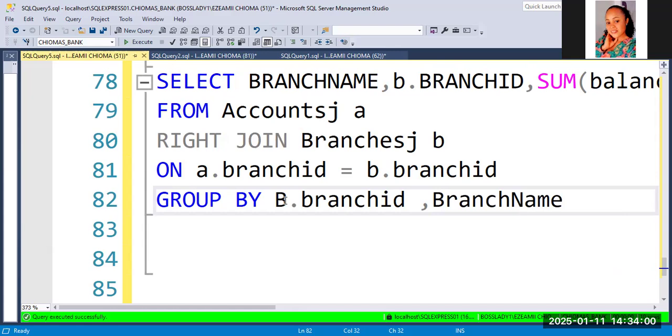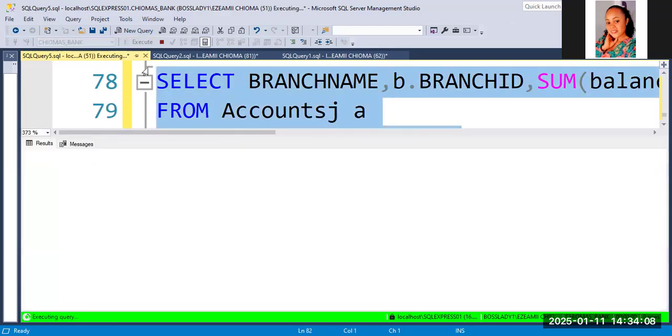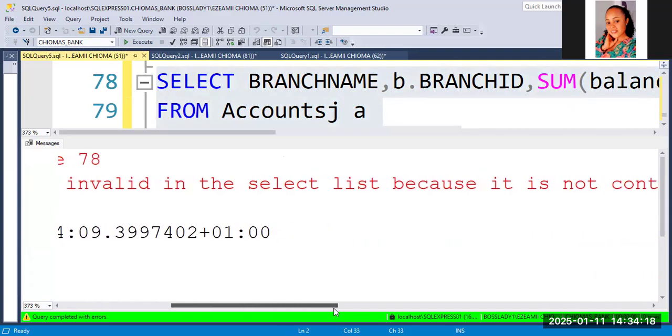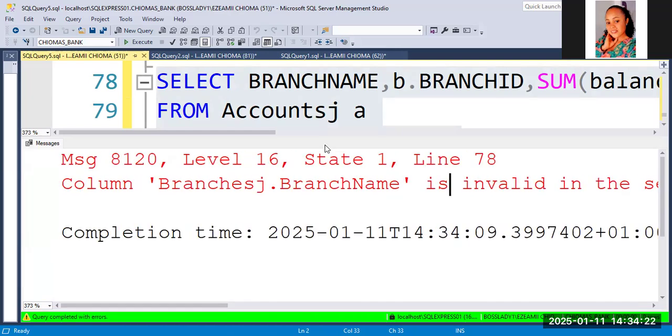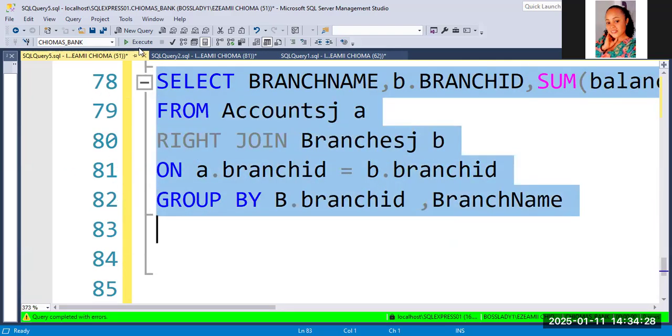Because if this is not here and I run from here to here, the query will still ask me to group by. You see, it's invalid. Look at the output: it's not valid in the select statement as it's not contained in either an aggregate function. So definitely, if I did not include it and run the query, it will still ask me to group it.